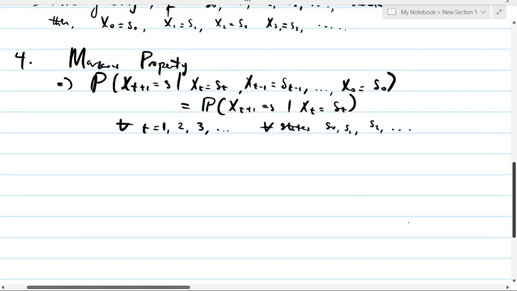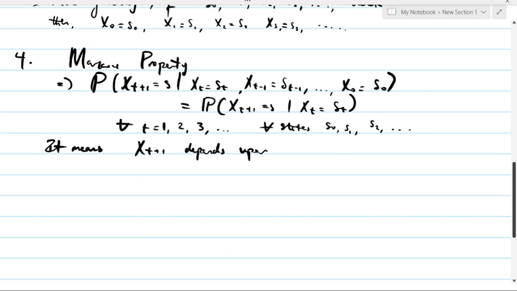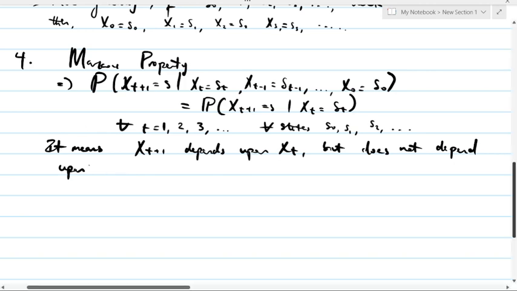So the literal meaning of this Markov property is that x_{t+1}, that is our future state, only depends upon our current state, but does not depend upon our previous states.